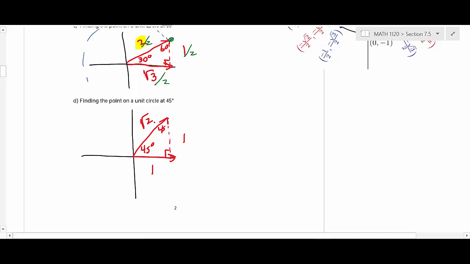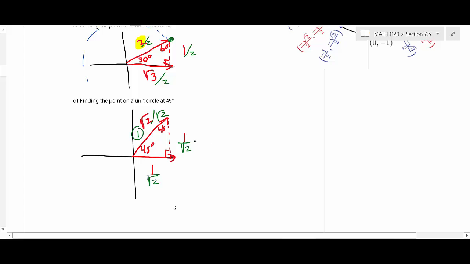Okay, same idea. We want to turn this into a unit circle. So what do you need to do to that square root of 2 to turn it into 1? Divide by the square root of 2, right? And you divide everything by square root of 2. And then a little bit of arithmetic, and then you'll get that point on the unit circle. So I'm just going to do this all the way around. Okay, and of course that's now going to give you 1.